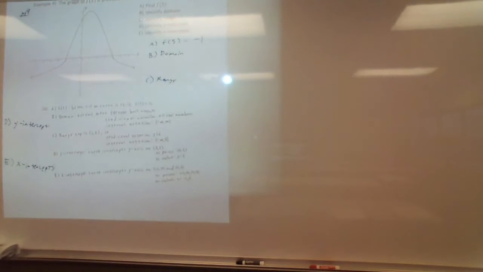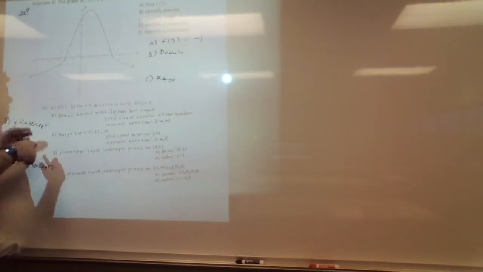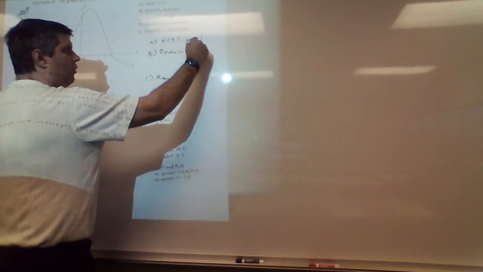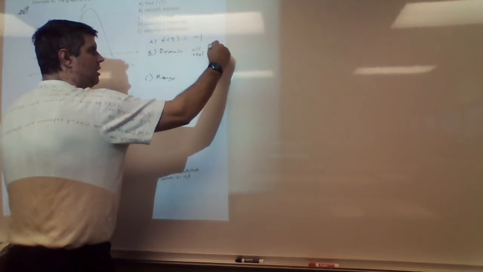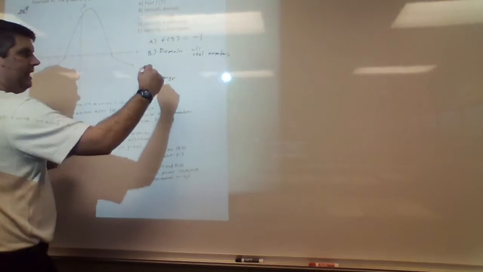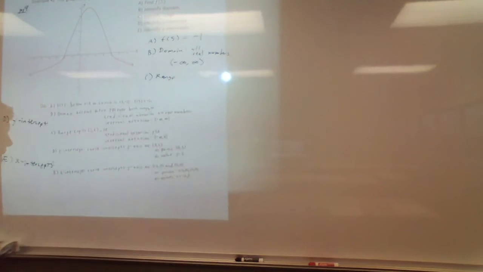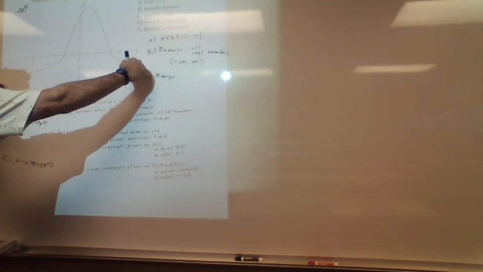The next question asks the domain. Well, these lines go forever both ways. So horizontally, it's all real numbers. Interval notation, that's negative infinity to infinity. Now the range is not so simple. The range goes down forever. These arrows mean this is going to go down forever.